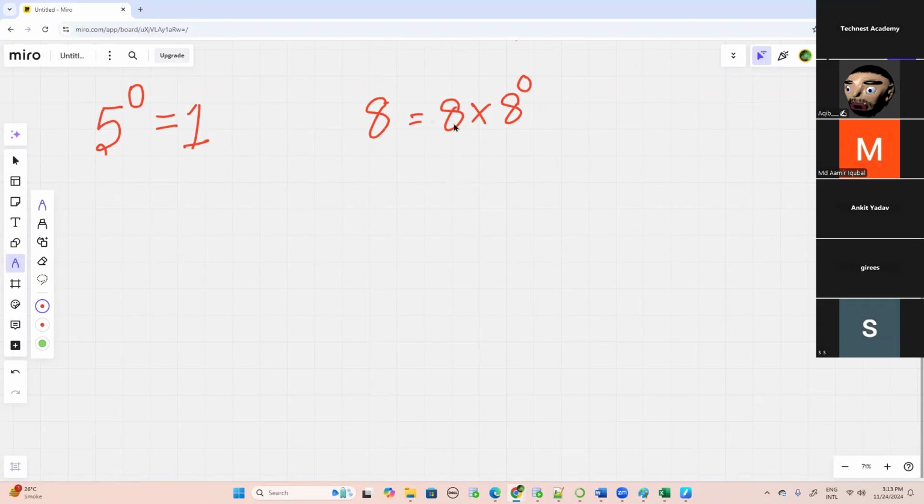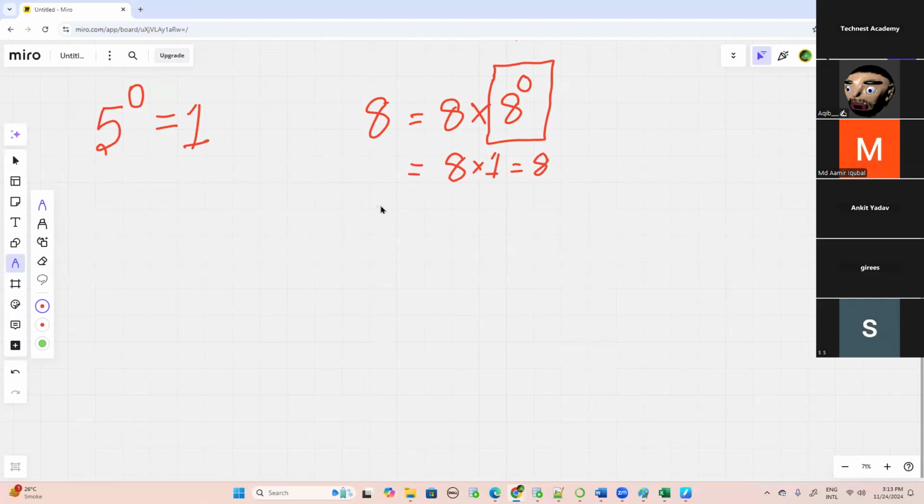How can you prove this? 8 into 1 equals 8. So you can also tell कि Tanveer here any number to the power 0 is how much? 1. So this will be 8 into 1, which will be nothing but 8.